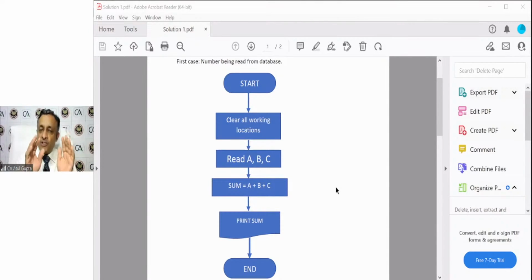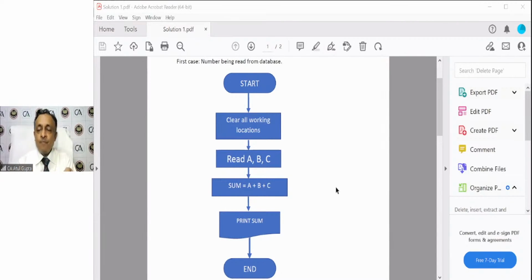I've prepared two flowcharts for this, and I'll tell you the background of it. Read A, B, C. Read is an important instruction that you should remember. There are two ways of sending the values of A, B, C to the computer, two ways to tell the computer the value of A, B or C. One way is asking the user to feed it to the computer. The other way is asking the computer to read from existing values.